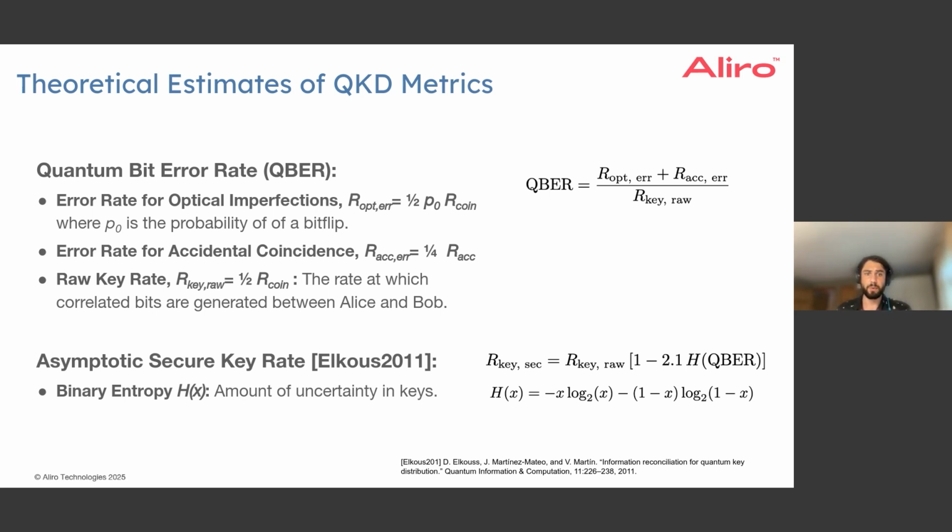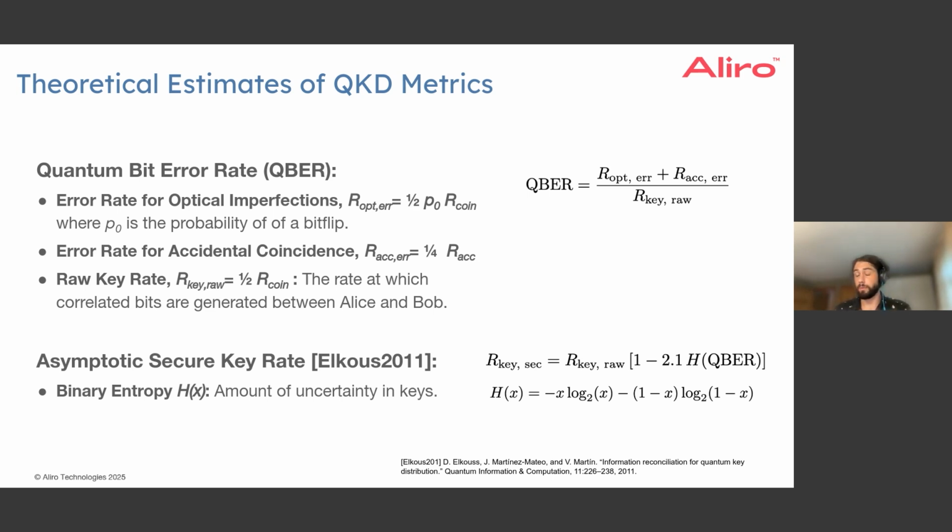So first, we note that we have this optical error rate. If there's any probability of a bit flip in your system, then we will have an optical error rate associated with it. As we introduce more optical errors, whether it's noise in your entanglement source or otherwise, we will have some contributions to this optical error rate.